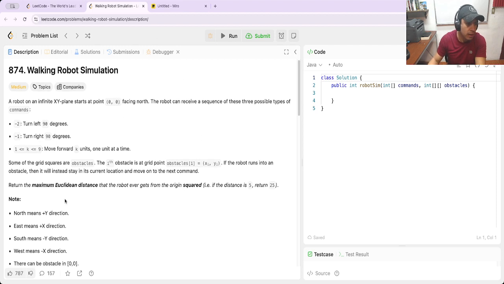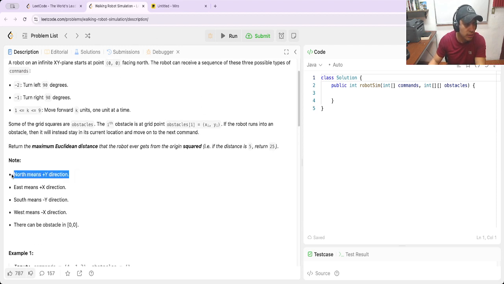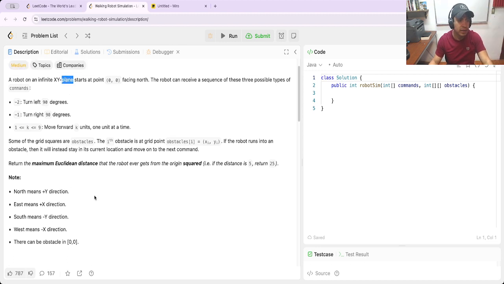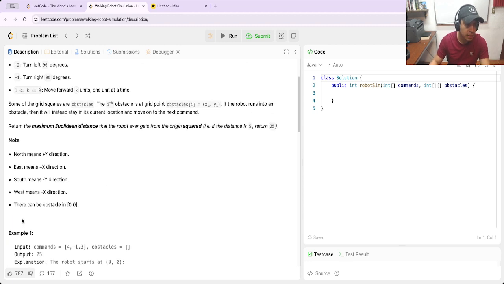Basically this is the plane. North means the positive numbers of y, east means the positive numbers of x, and the opposite: negative y is south, and west is negative x.